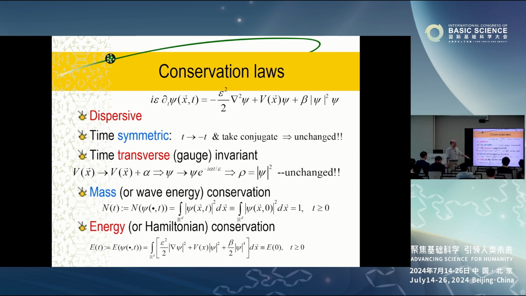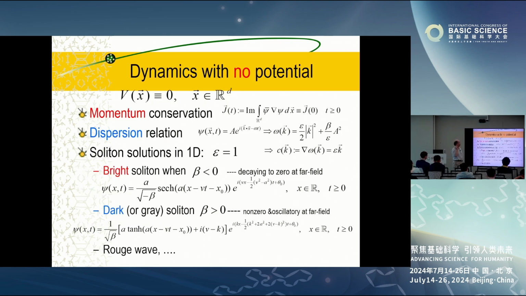And also mass conservation; in nonlinear optics this quantity is called wave energy, or input wave power. And energy or Hamiltonian is conserved: kinetic, potential, and interaction. Also when V is 0, with no potential, there is momentum conservation and also the dispersion relation.